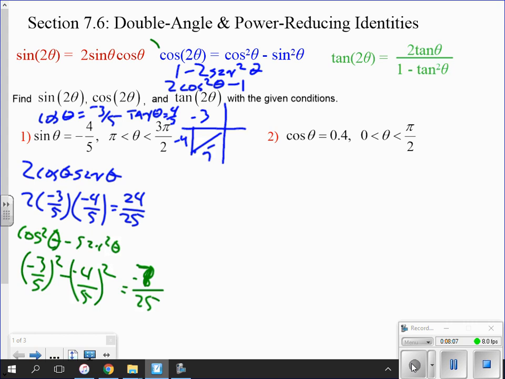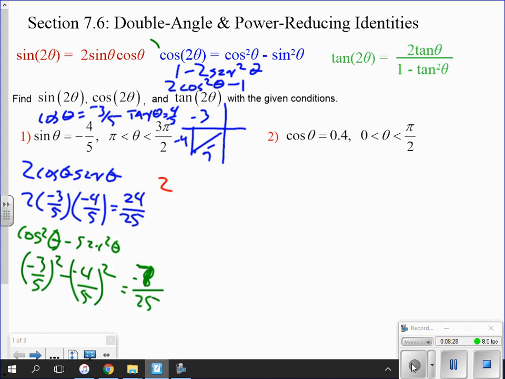And then the tangent one. Okay, the tangent one's a little nastier, it just is. So the tangent of 2 theta is 2 tangent of theta over 1 minus tangent squared theta. Tangent is 4/3.